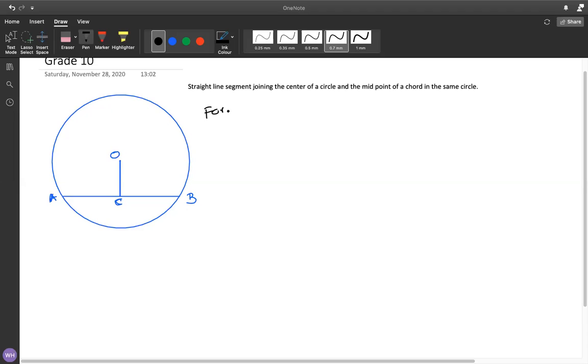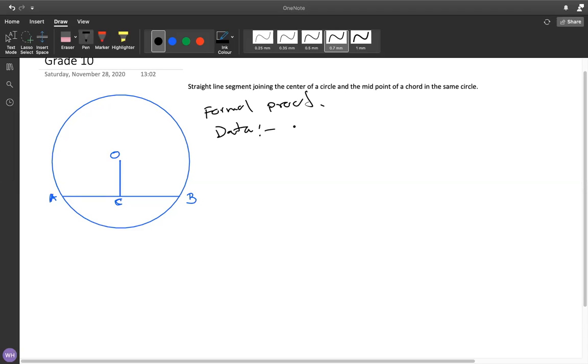Don't write. Formal proof. Have a look at this. So what are the data given in here? When we are going for the proof, you will require some data. Not much data is given.